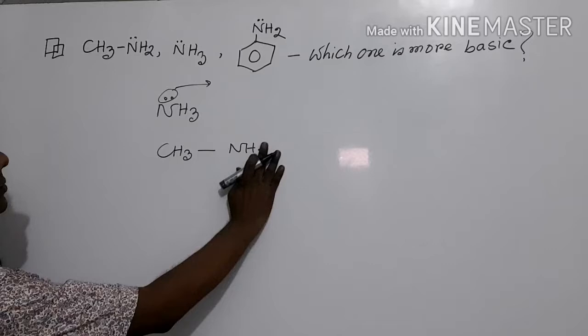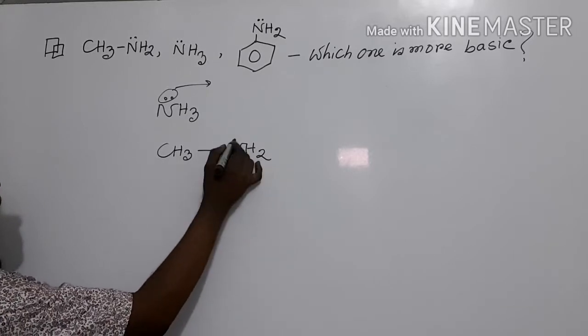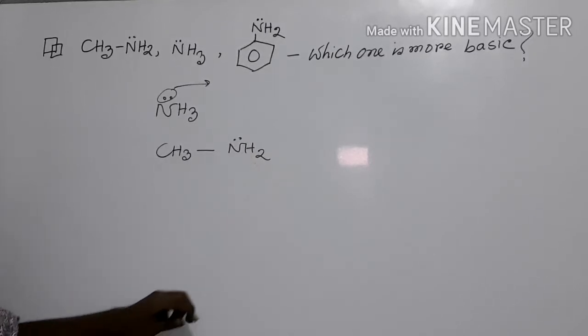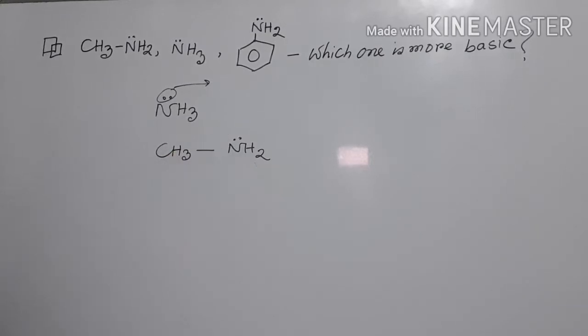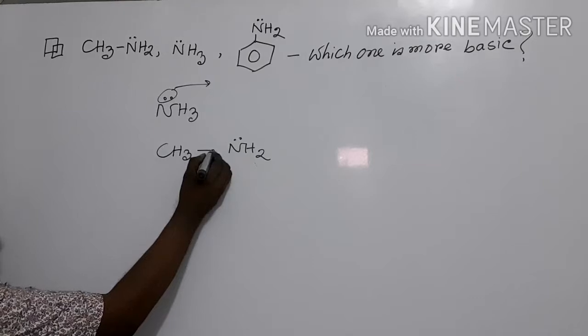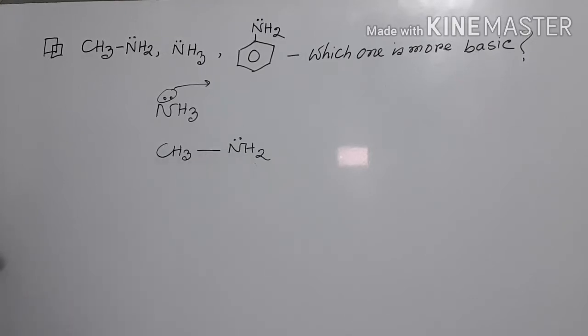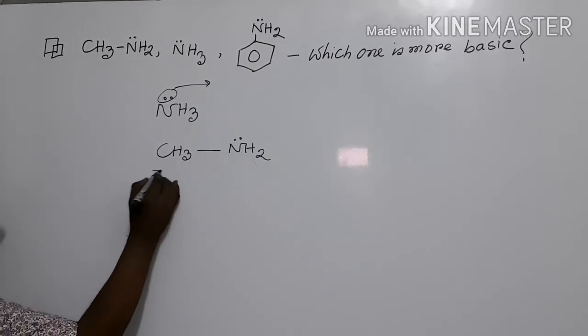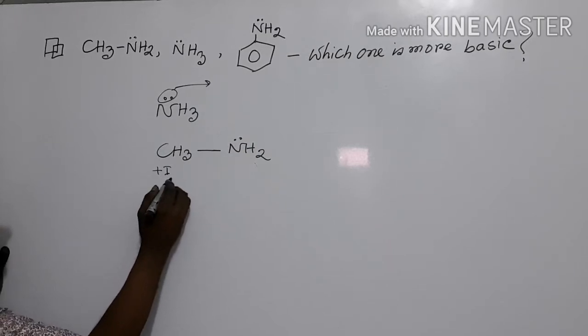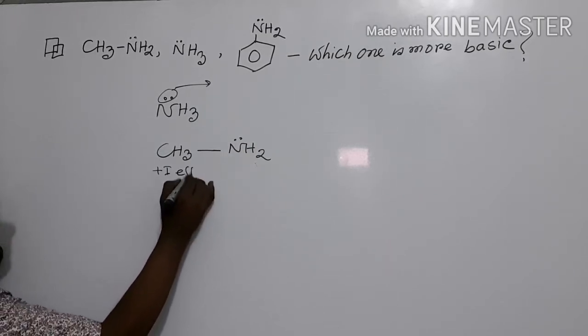here nitrogen contains one lone pair of electrons, but this methyl group has plus I effect. Plus I, that means positive inductive effect.